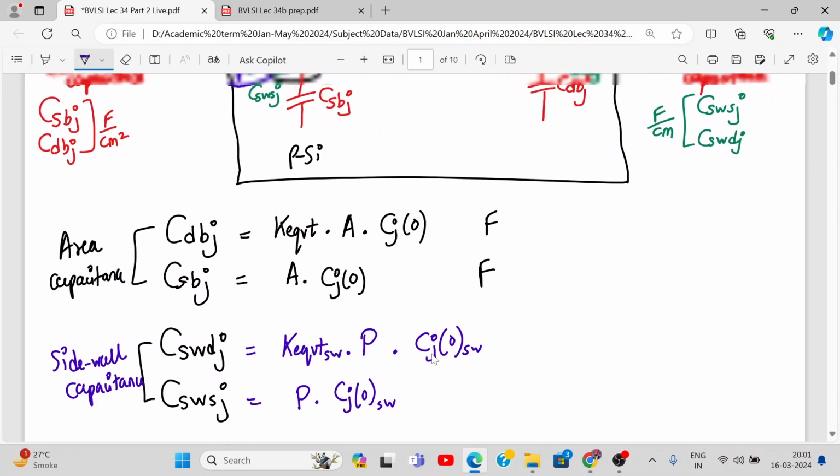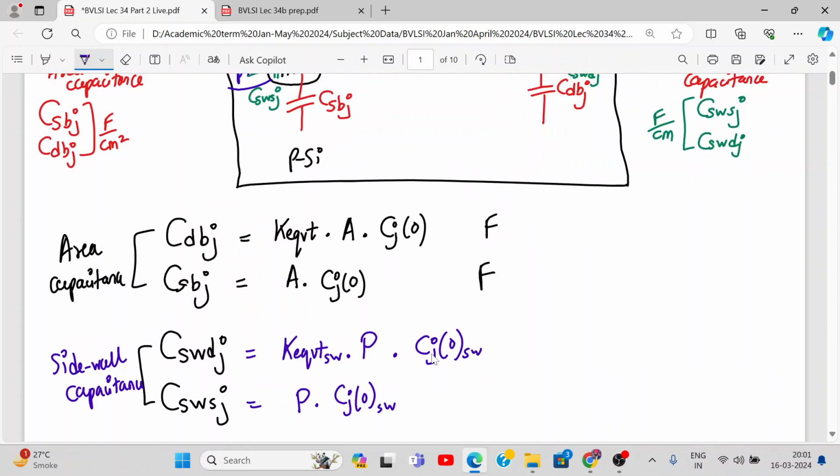Okay, please write down these formulas. K equivalent sidewall, the doping is different because of the channel stop implant. And Cj0 also, the doping is different for the channel stop implant.